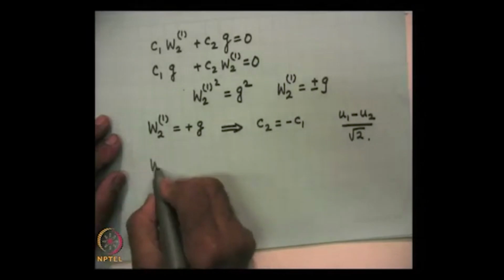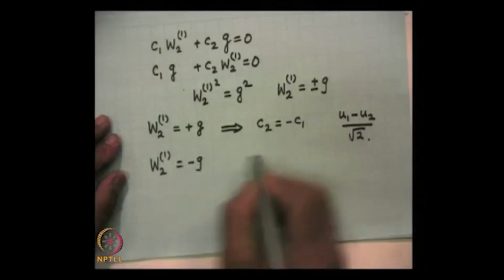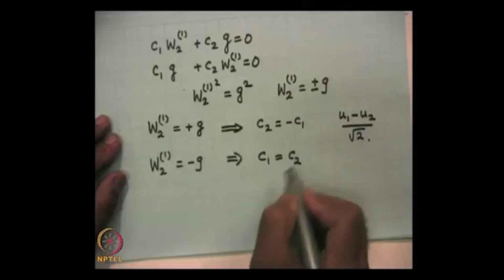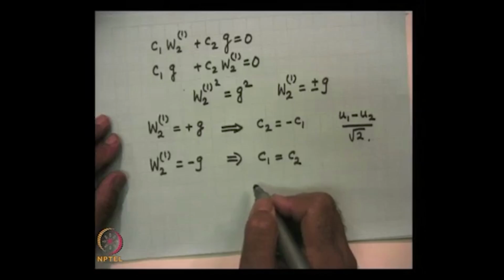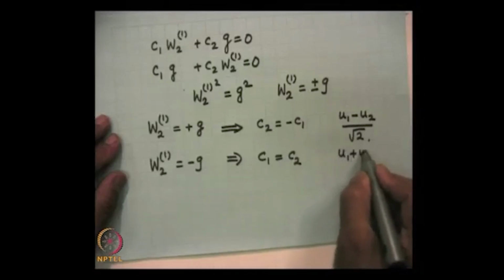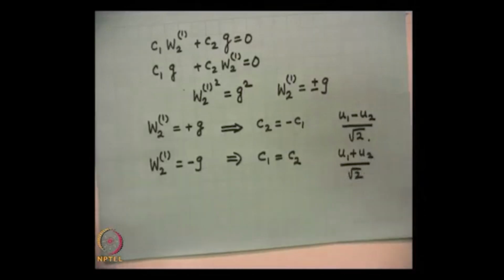And for W21 equal to minus G, C1 is equal to C2. I think I am right. This is U1 plus U2 divided by root 2. The root 2 factor is just for normalization.